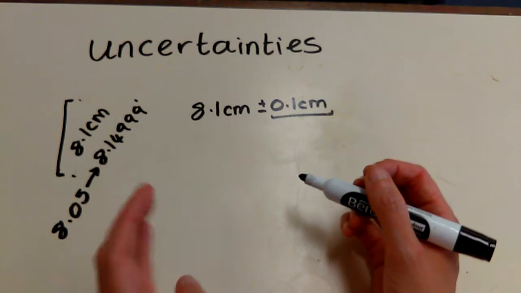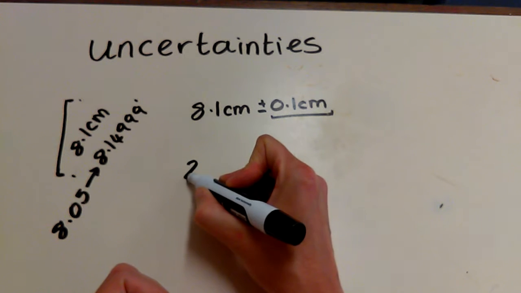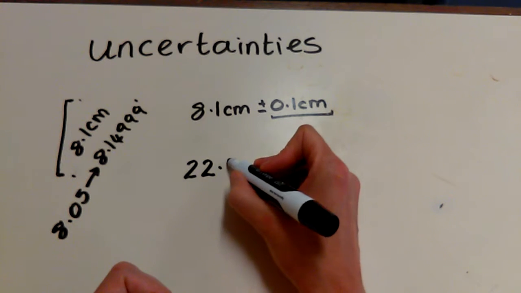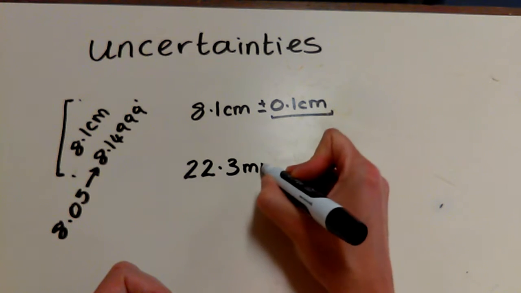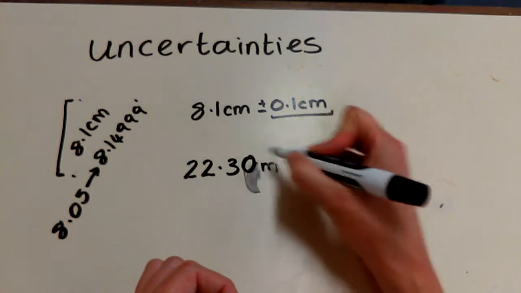Say I used a micrometer and I measured something and it was 22.3 millimetres, or 22.30 actually, you can measure it to that significance.